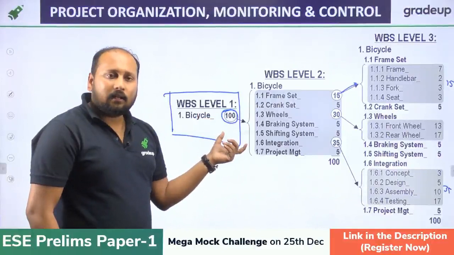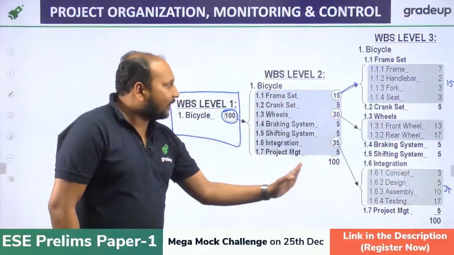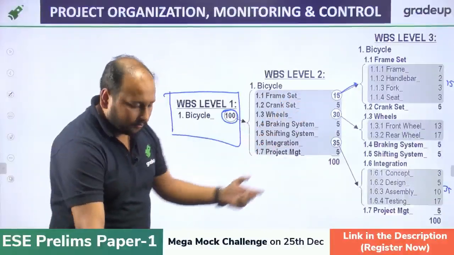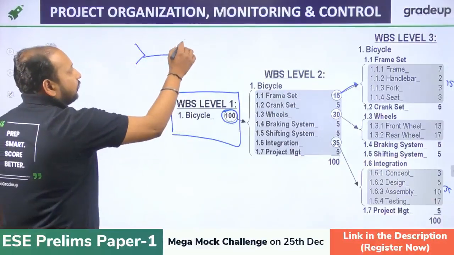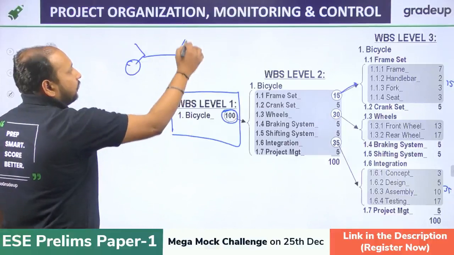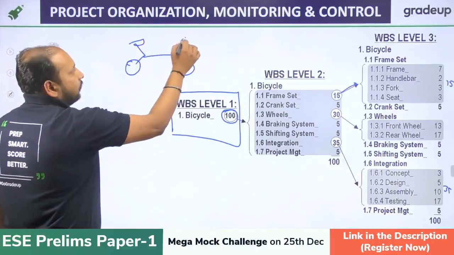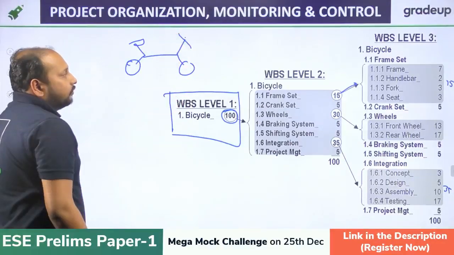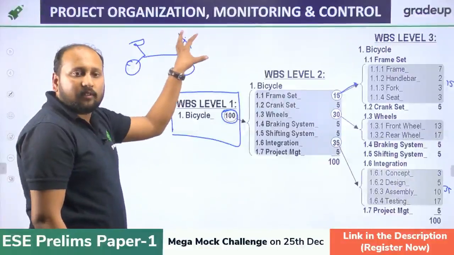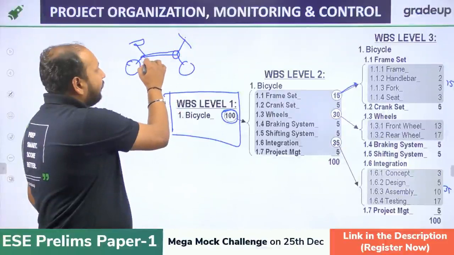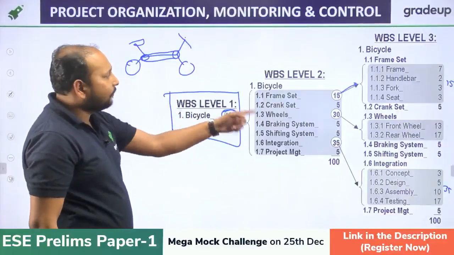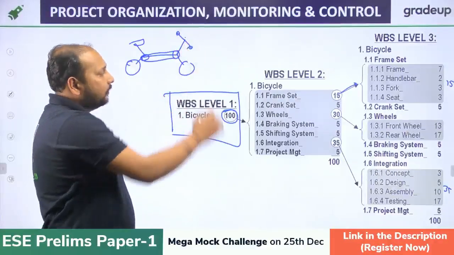This is basically a cycle. The cycle, we are having frame set. Fine, let me tell you what is this. Frame set is basically the frame of this. We are having crank set, that is a chain set. Wheels, braking system, which will be installed.